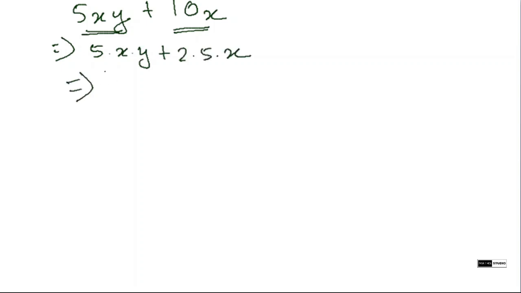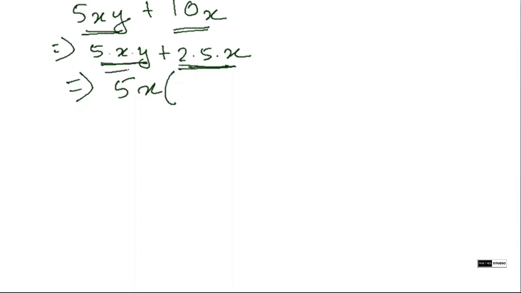So this is known as a term, and this is another term. What is common between these two terms? Definitely 5 is common between them, and x is common between them. Whatever remains behind, we are supposed to put within a bracket.